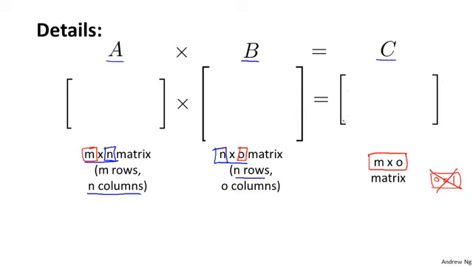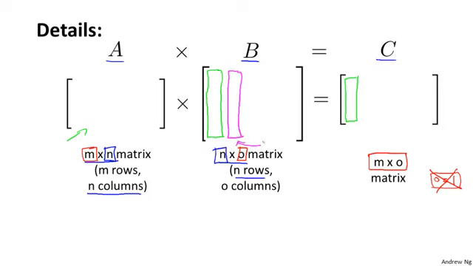So here's how you multiply together the two matrices. What I'm going to do is take the first column of B and treat that as a vector, and multiply the matrix A with the first column of B. The result of that will be an m by 1 vector, and I'm going to put that over here. Then I'm going to take the second column of B, which is another n by 1 vector.